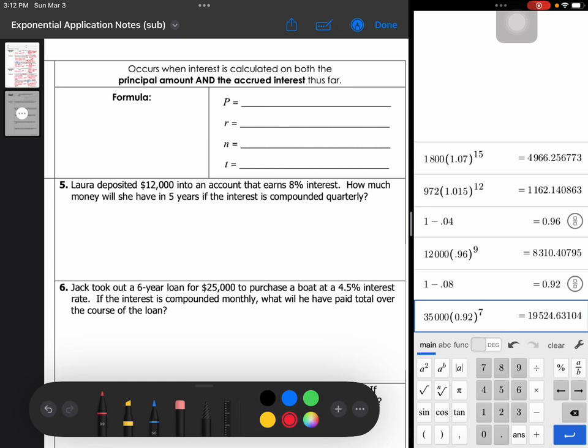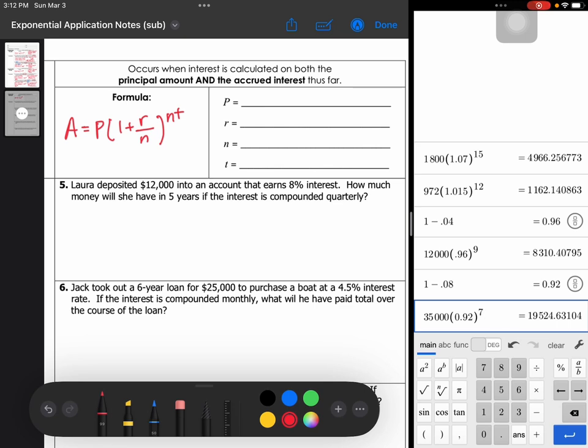But the formula we use is A equals P times 1 plus R over N to the NT power. So some of the terminology is going to be a little different, but we're always going to be looking for that word compounded.